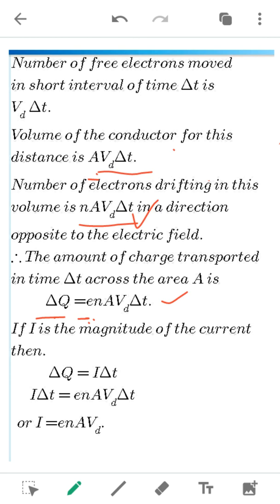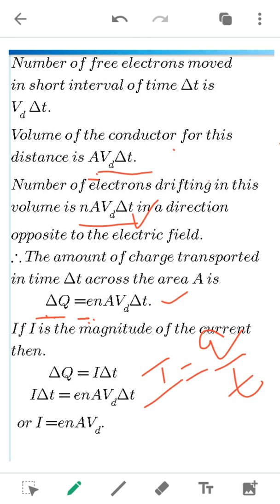We have to determine the current and drift velocity relation, right? So we are halfway now. We know that I equals Q by t. In the starting itself we have seen the equation of the current, right? Now we are taking a small amount of charge delta Q in a volume at a time delta t.